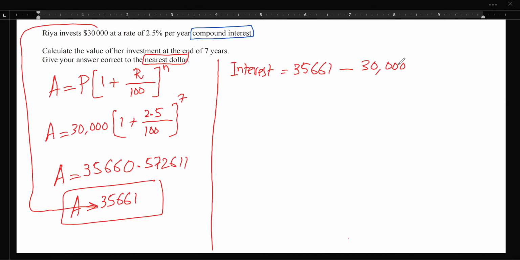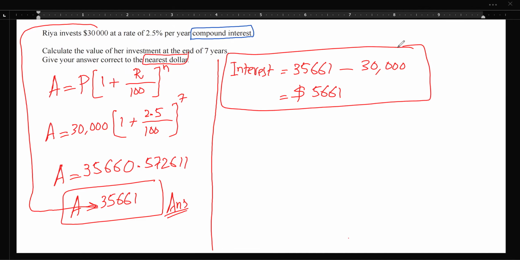Give me a minute. It's going to be $5,661 if they ask you about the interest. But since in this question they did not ask you about the interest, therefore this is your required answer. And this is all additional information. If they ask you, then you will do it this way. Please note it down.